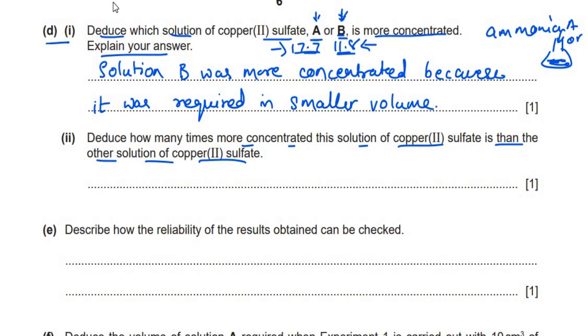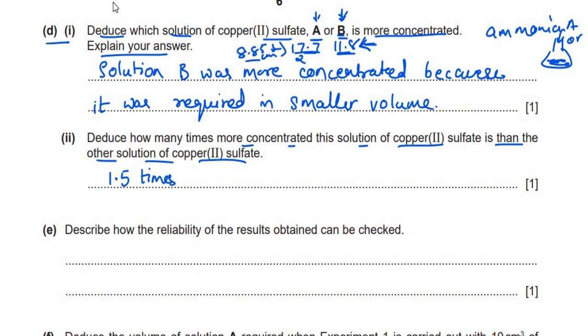So if we divide 17.7 by 2, we get the answer 8.85. But no, it's not this low. It's a little greater than 8.85 centimeter cube. So that shows that solution B was not double. We can rather say it's approximately 1.5 times greater.